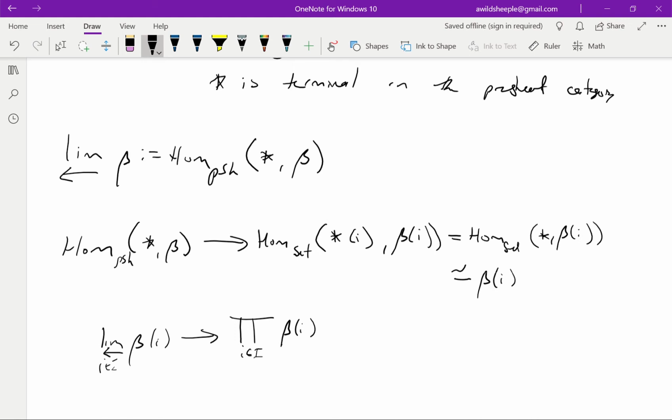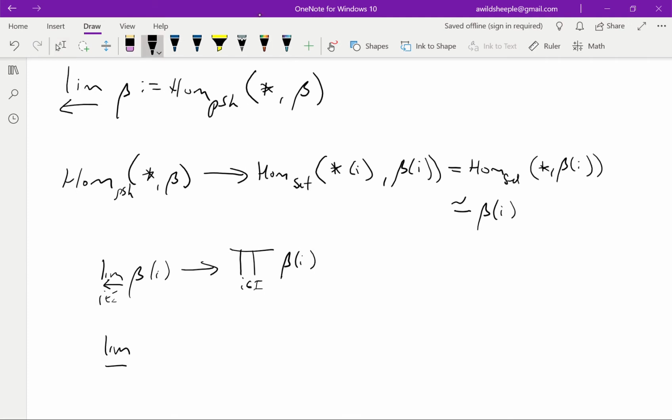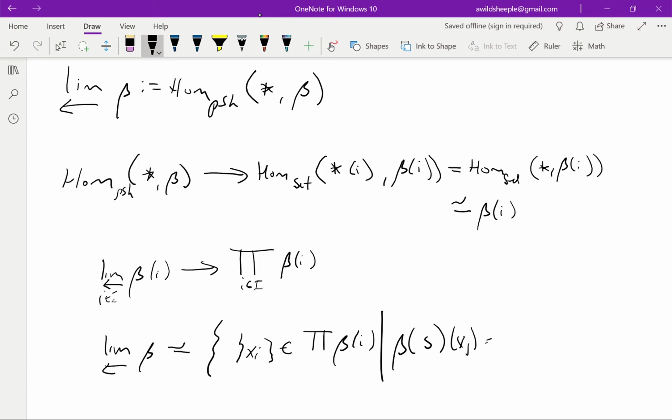And so in order to do this, we have to do more than just look at this map. We need to impose the relations that we get from the category I. And so when we do this, what we obtain is that the limit of beta should be identified with those tuples, which I'll call x_i, which live in the product of the beta i, that satisfy beta of s applied to x_j equals x_i for all s in Hom in I between i and j.